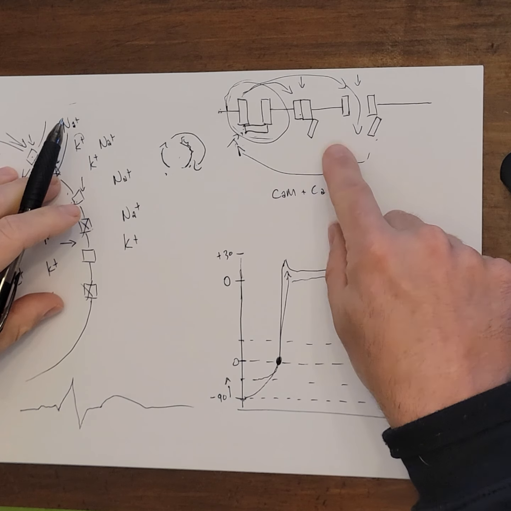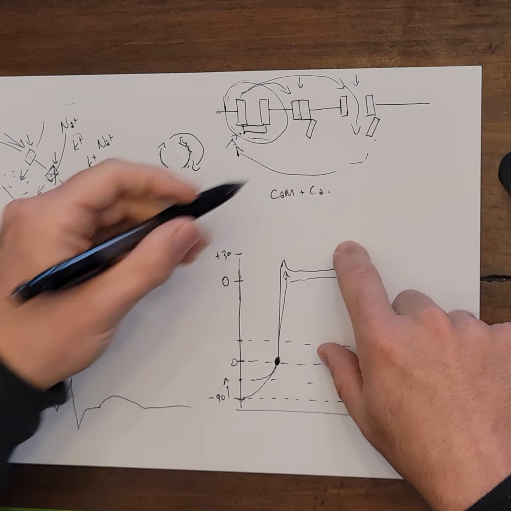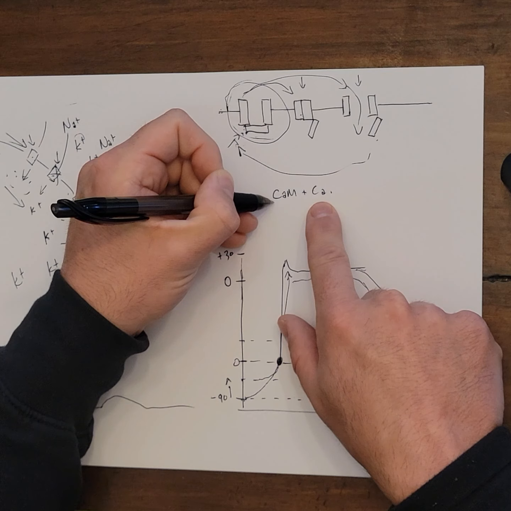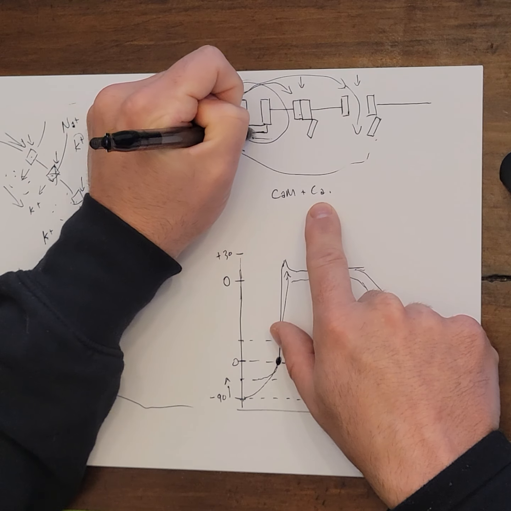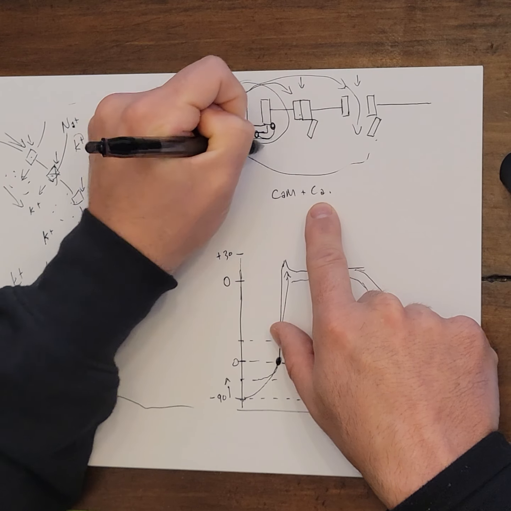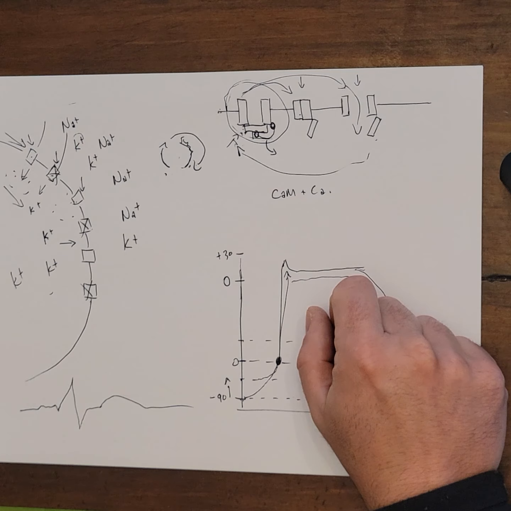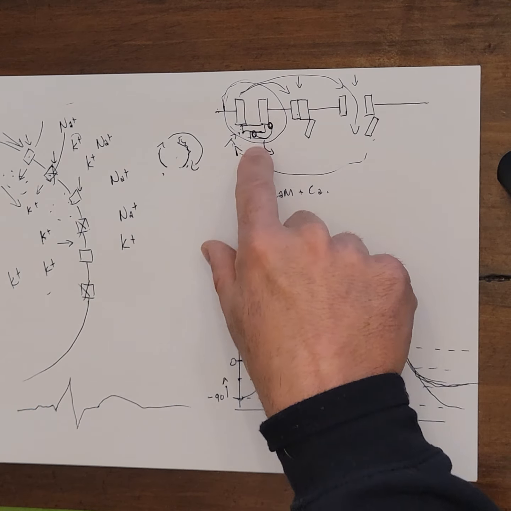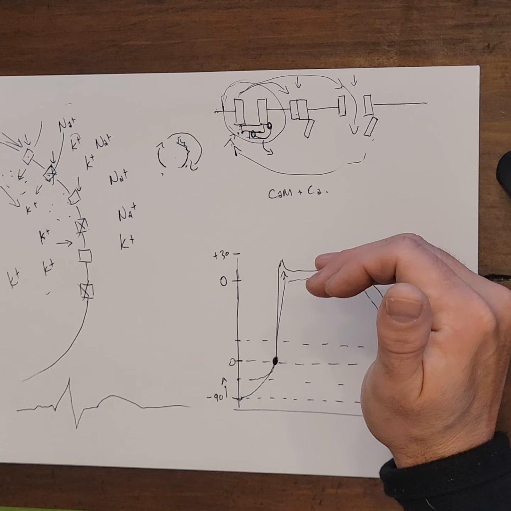But in the case of the sodium channels, this calcium-calmodulin complex binds here onto this gate and kind of over here. And what it does is it helps to pry this guy back open. You could think about it that way in terms of the actual geometry of what's happening. It helps to pry this guy open at a higher voltage than it normally would happen.